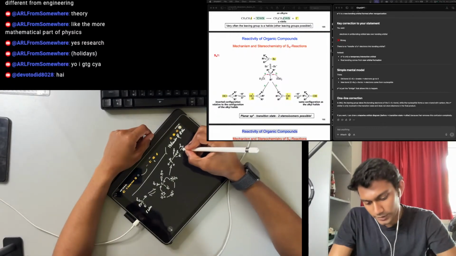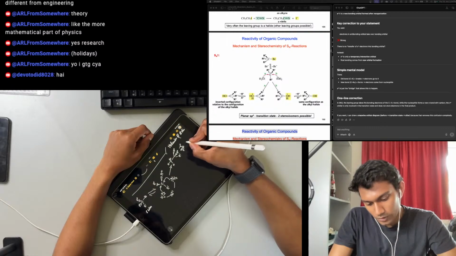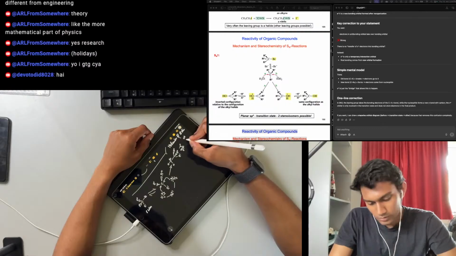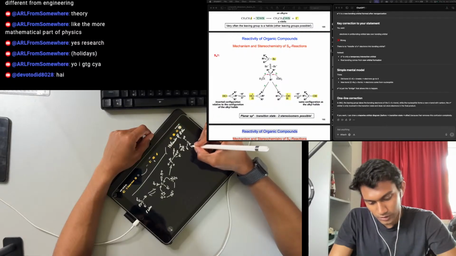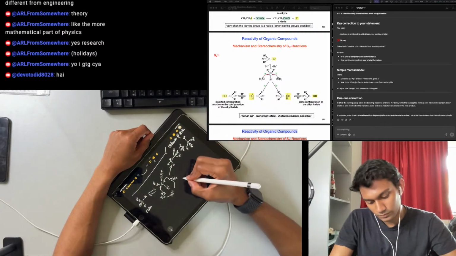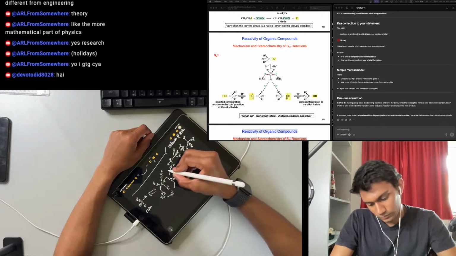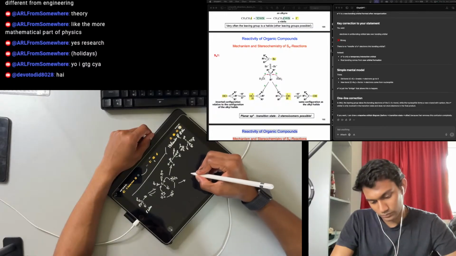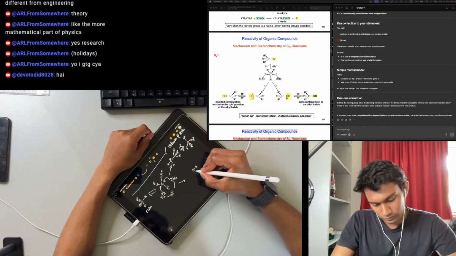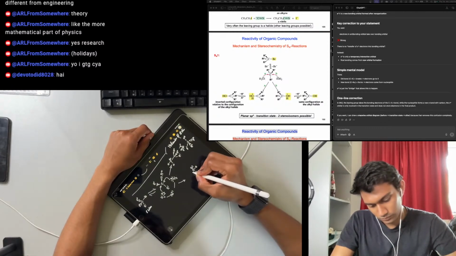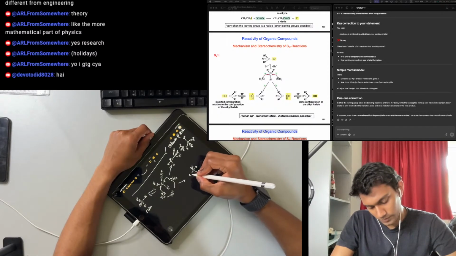So after removing the hydrogen, what do you get? You get OH, C, R, R double dash, R triple dash.